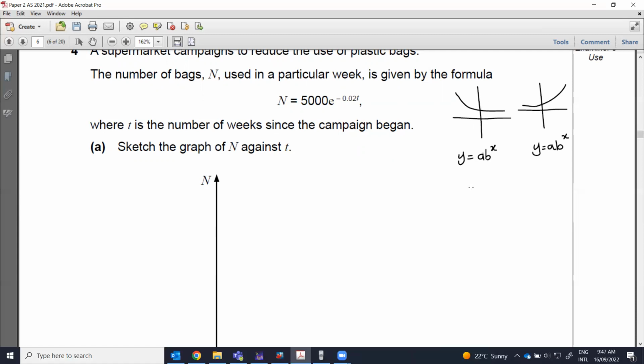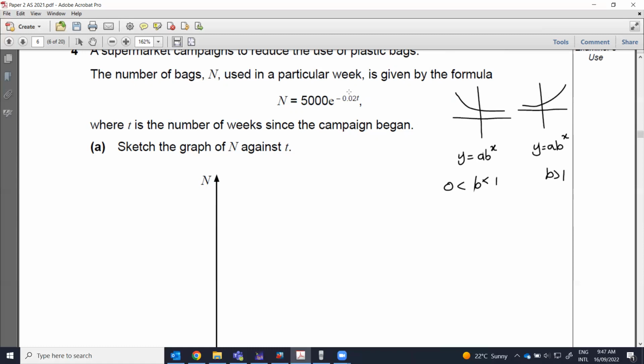Now, this one here, this is when b is between 0 and 1. So that means you have a fraction here, let's say half, let's say 1/10, 1/100, and so on. And this one, this is when b is greater than 1. So if you have a b that is greater than 1, then this is what your graph will look like.